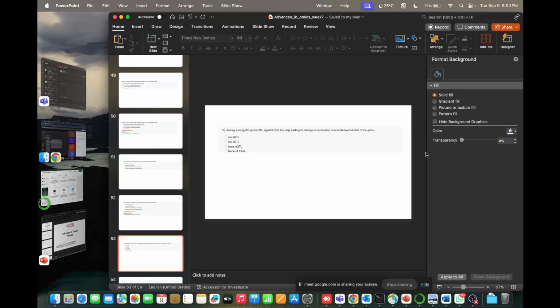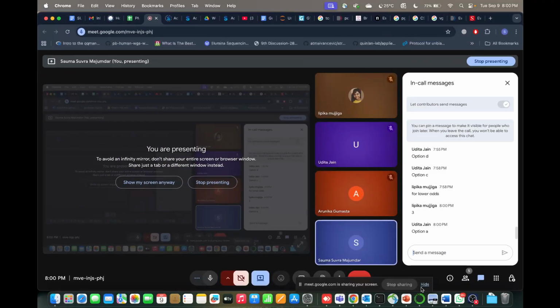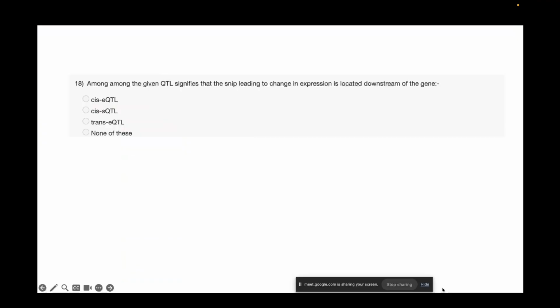I think this question had some issues. Okay, option A. I also think it is option A, but I think this question had some issues. My answer is also option A, but none of these, I'm not sure why it is given like that.